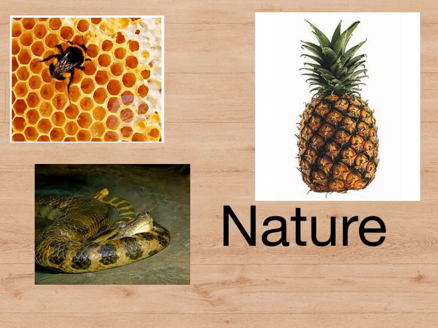So there are examples in nature. The beehive. A beehive uses a regular hexagon to cover a wide surface area, and all bees use this same shape over and over again to form their hives. Snakeskin is another great example where a repeated shape is used.